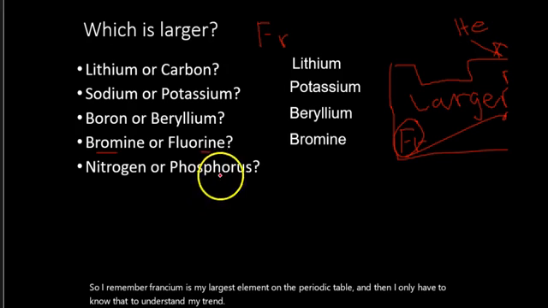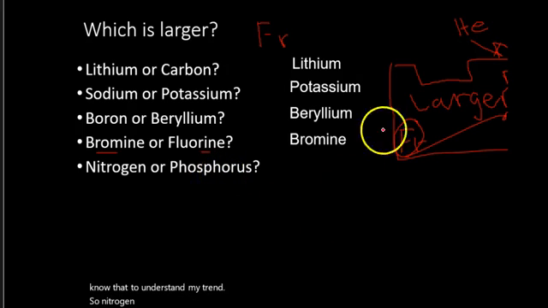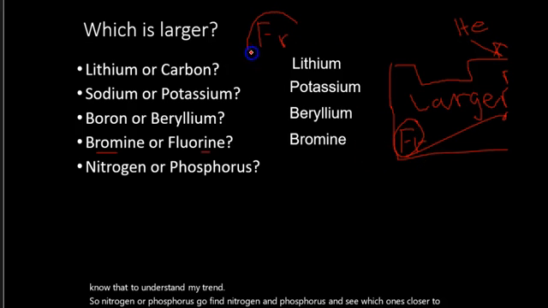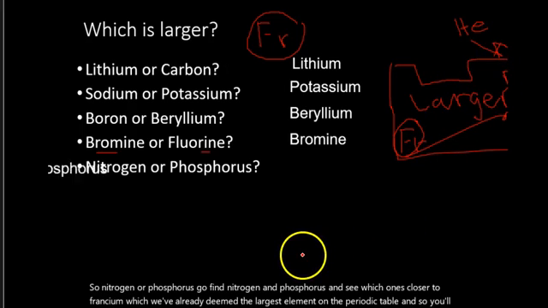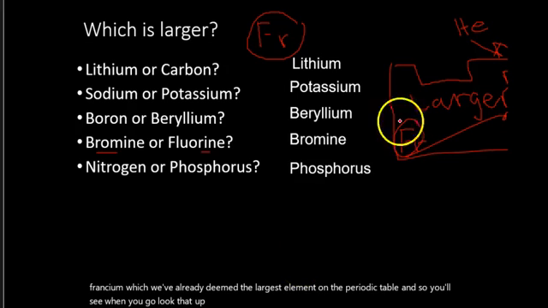So nitrogen or phosphorus: go find them and see which one's closer to francium, which we've already deemed the largest element on the periodic table. You'll see that phosphorus is closer to francium.